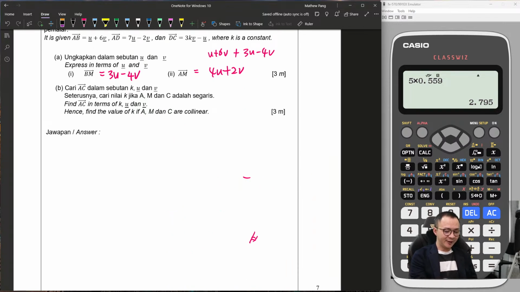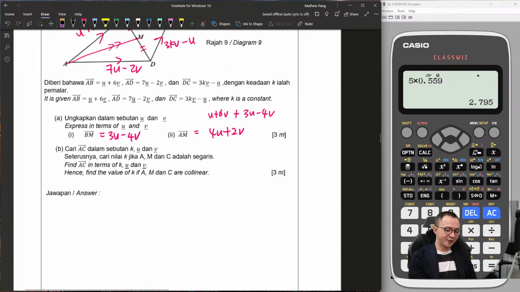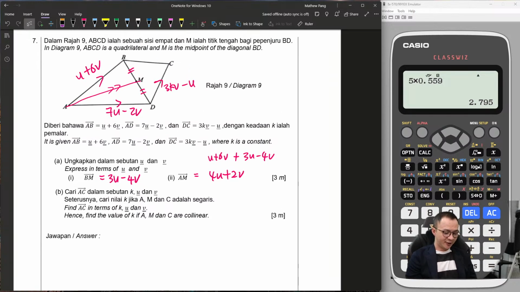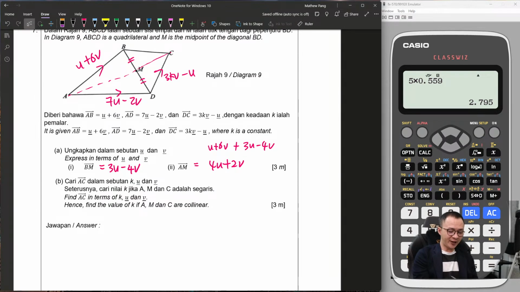Okay, then AC, find the AC in terms of K, U and V. Hence, find the value of K if A, M, C are collinear. Alright, so we assume they are collinear here, meaning they are on a straight line. Okay, so find AC first. I will go the bottom way.